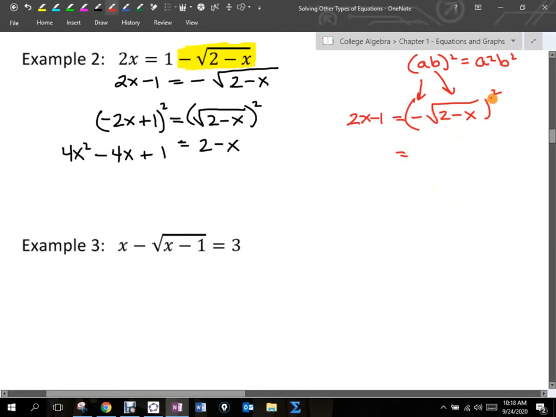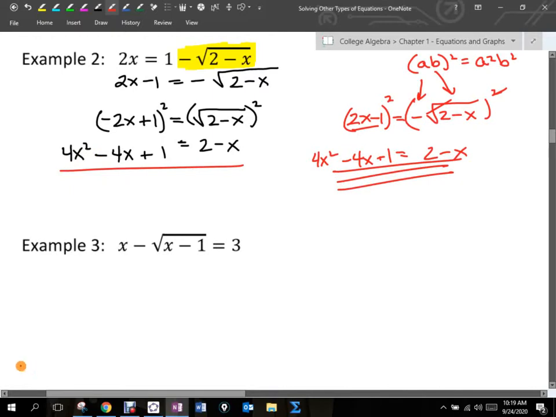And what's radical 2 minus x squared? 2 minus x. On the left-hand side, what's 2x squared? 4x squared. Multiply those two together and double, and that gives me my b term, negative 4x. And then square negative 1, what do you get? Positive 1. Is that thing right there the same as that thing?